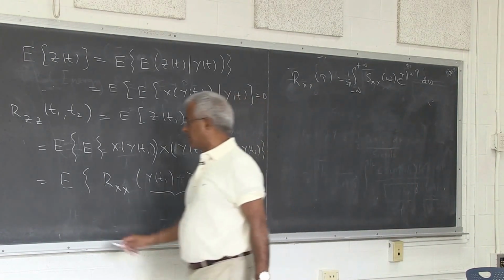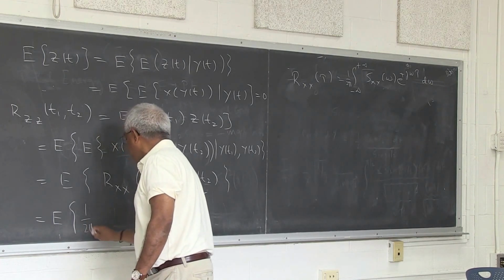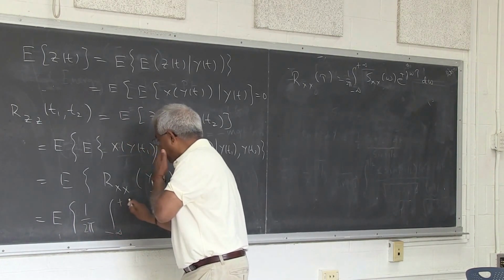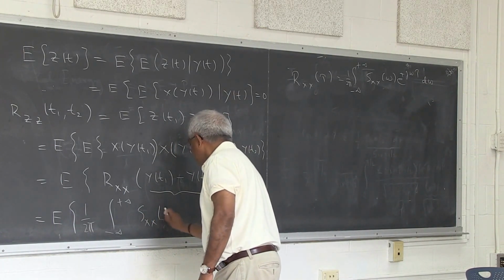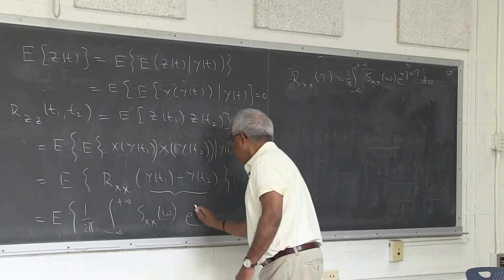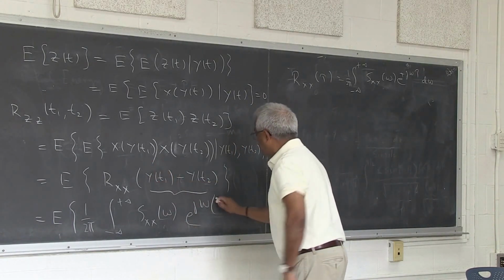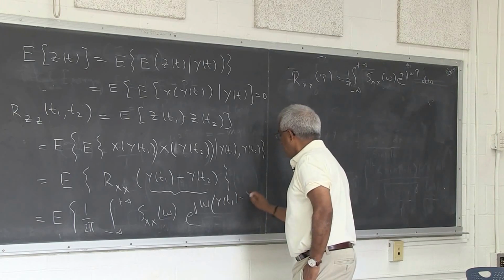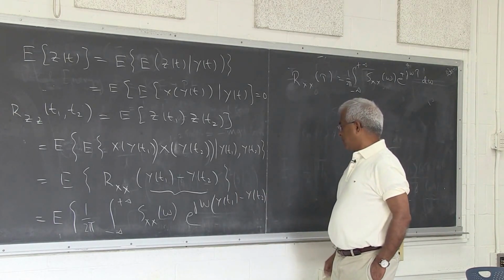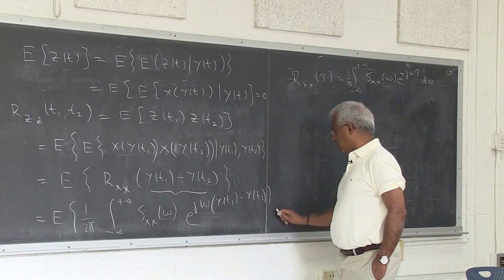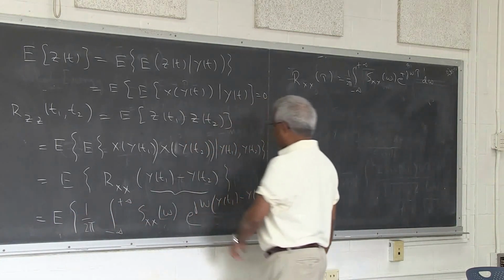The inside expression can be written as 1 over 2 pi, integral from minus infinity to plus infinity, sxx omega e raised to j omega tau, where tau is being played by now y t1 minus y t2, d omega. Of course, this expected value is on this.